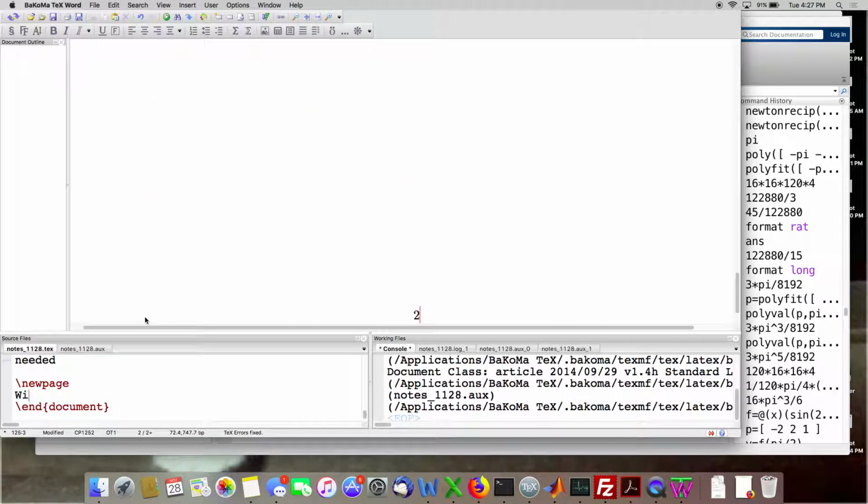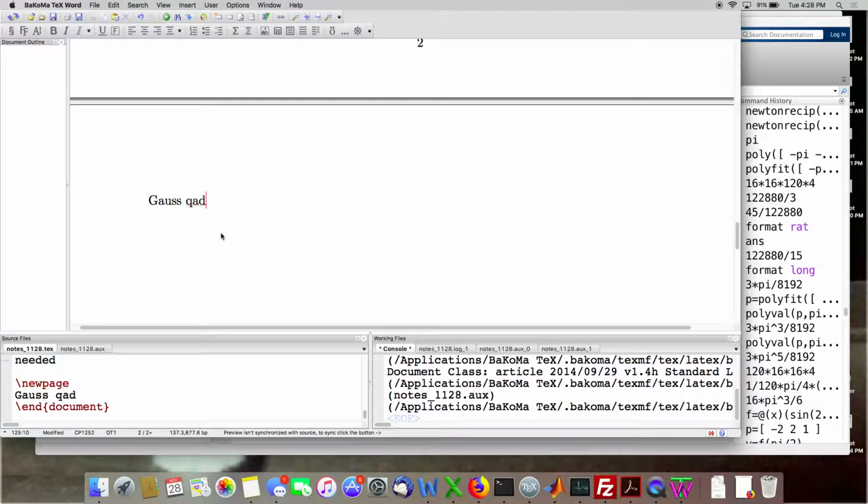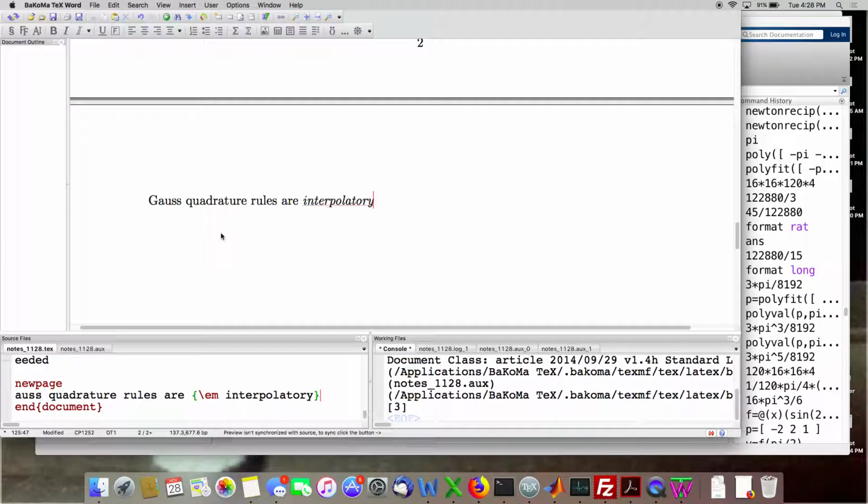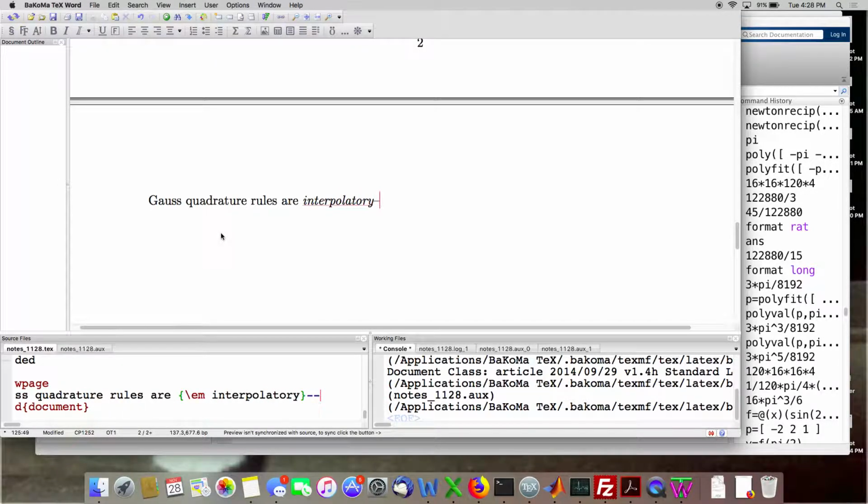because Gauss quadrature rules are interpolatory. So what that means is, well, can anyone tell me, because this came up on a quiz, for an interpolatory rule, once you know what the nodes are, how do you get the weights?